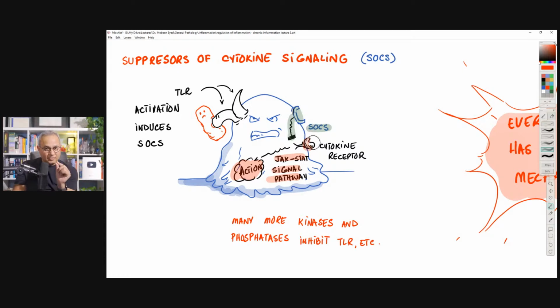When they start becoming apparent on the surface, now what happens is that when these are engaged, they will cause the cytokine receptors to become disabled. What does that mean? Look, when this cell is active, on its surface, there are cytokine receptors.